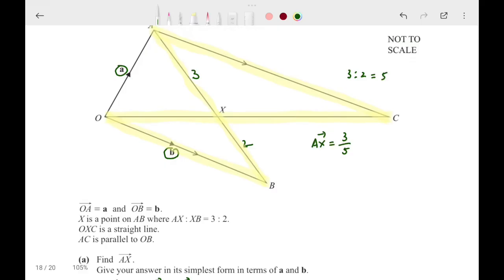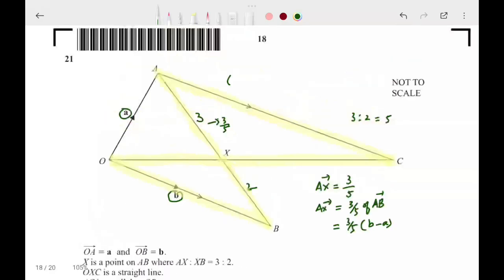So AX can be written as 3 over 5 of AB, and that is 3 over 5 bracket opens b minus a. We can write our answer here.